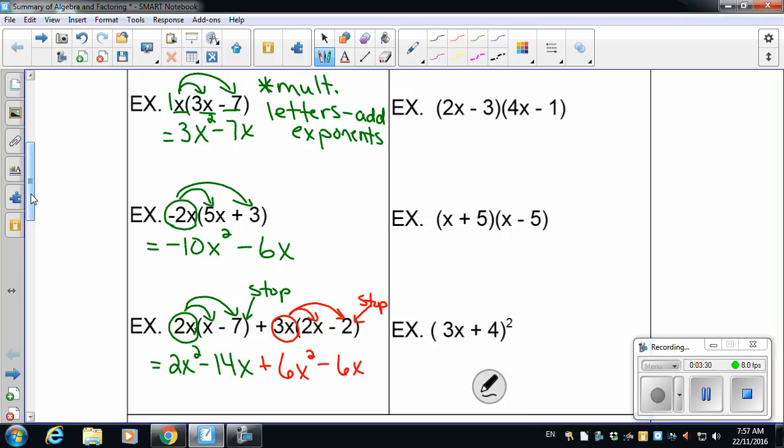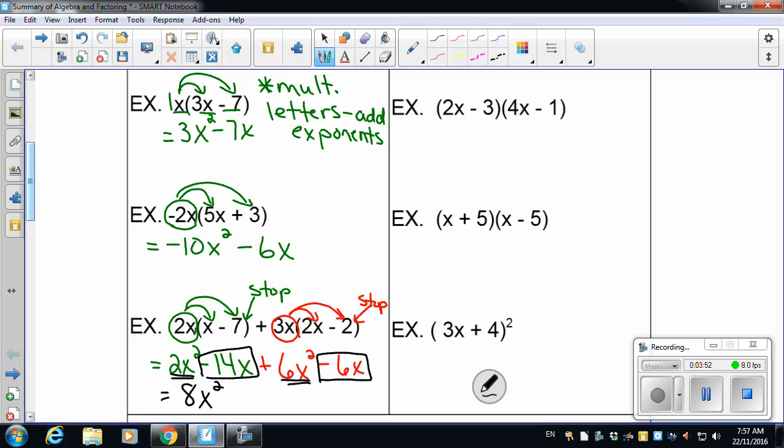And this one's a little bit different because now I get to go a step further, because we have like terms. So the last thing you always want to check is to see if you have any like terms once you've multiplied. So I have my x squared terms. When I put them together, 2 of them plus 6 more make 8x squared. And I have my x terms.